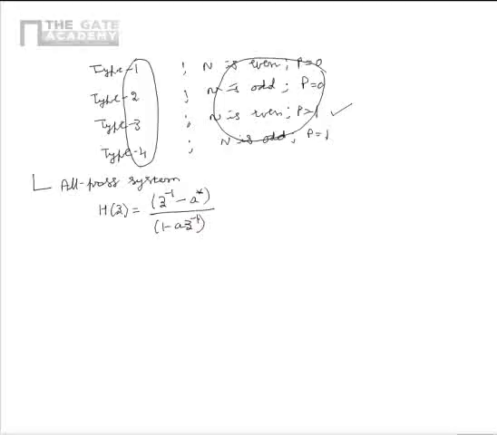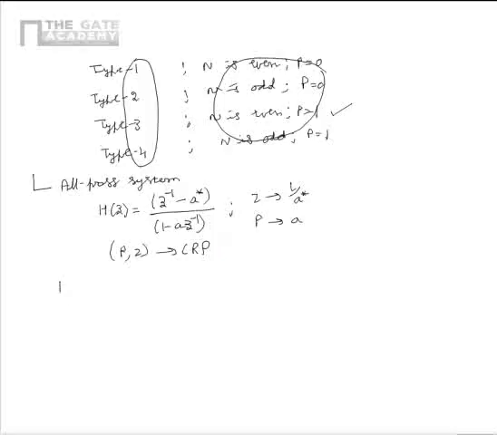From this we see that in case of an all pass system, there is a 0 located at 1 by a star and there is a pole located at a. From this we see that in case of an all pass system, the poles and zeros form conjugate reciprocal pairs.